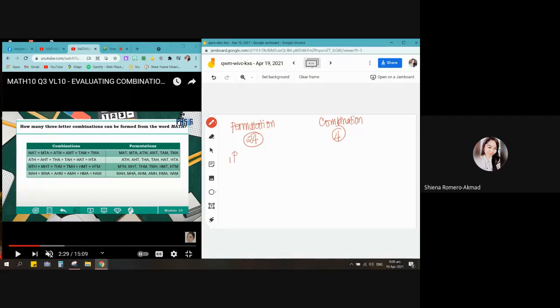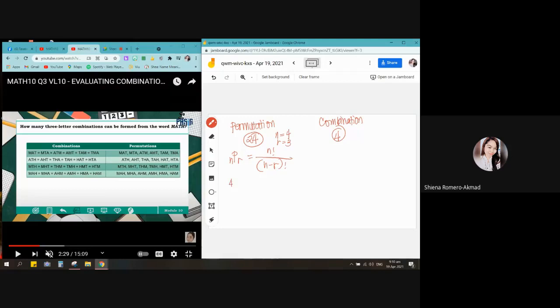That's permutation of n taken r at a time, and that's n factorial divided by n minus r factorial. Sa combination, di pa natin alam, but we will look for the formula for combination. Then our n here is 4 and r is 3. n is the total number of elements and 3, because 3 letters should be taken from the word math.